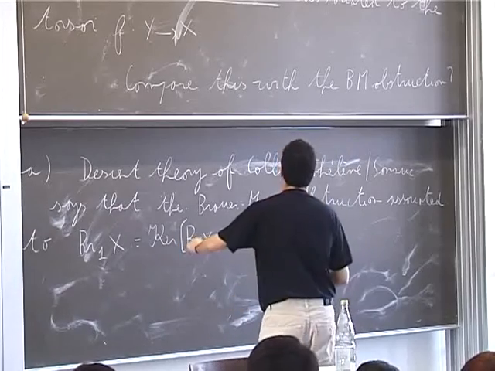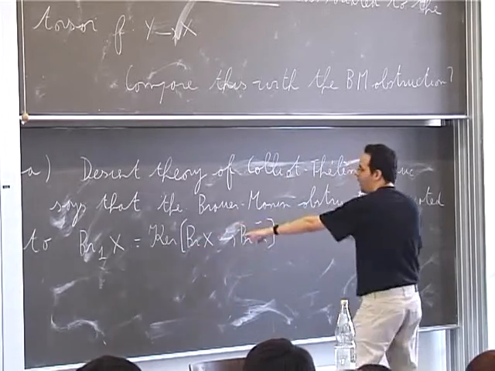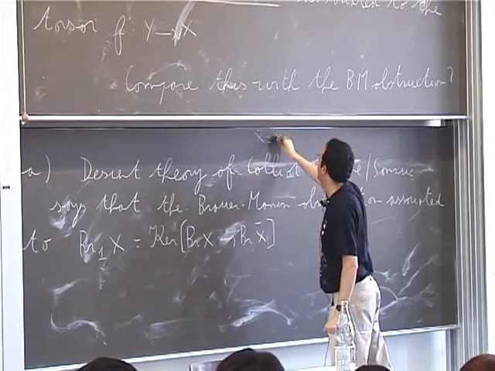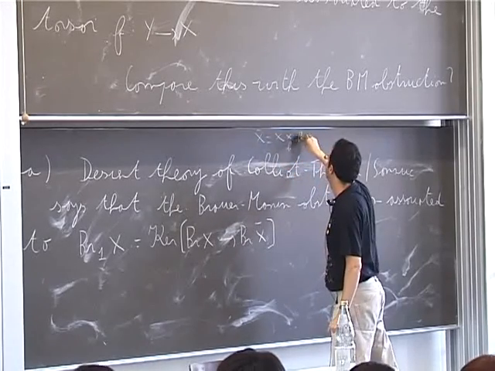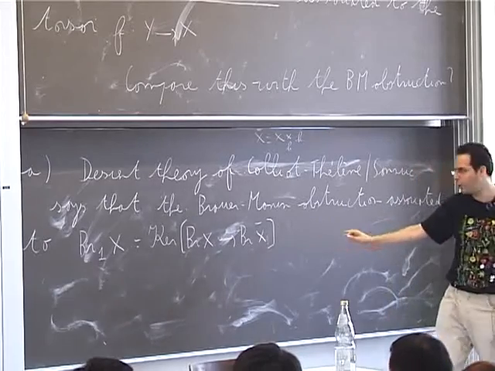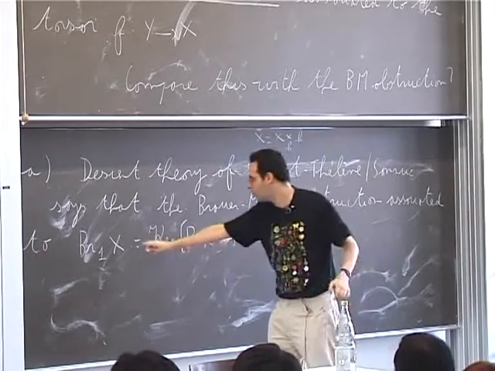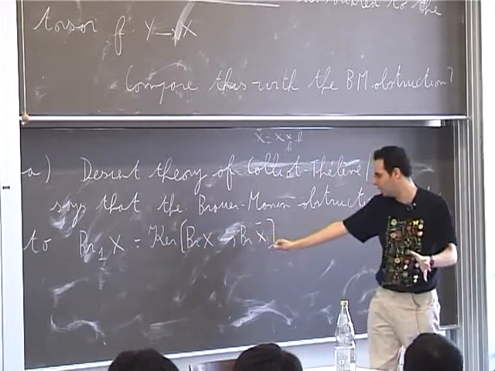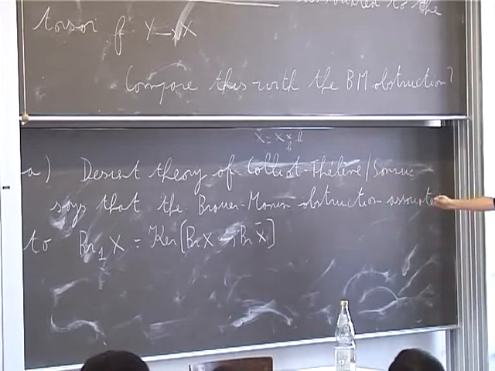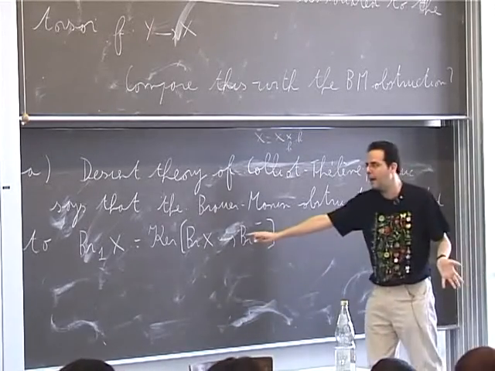So maybe I should explain this. Brauer X is the Brauer group of X. X bar is X times K bar. So you consider just a small part of the Brauer group, elements of the Brauer group that are killed if you go to the algebraic closure. Now you consider all Brauer-Manin obstructions associated to these elements.